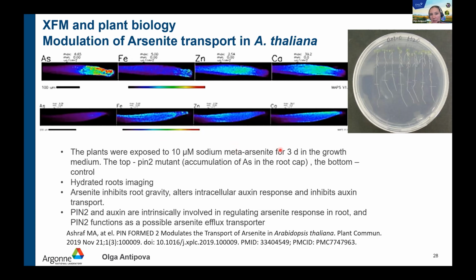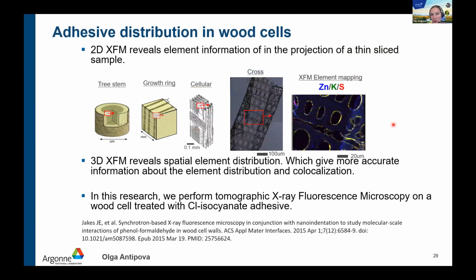Those plants were grown in sterile medium with controlled exposure to arsenic after a week of growth. If we're lucky enough and fast enough, those roots can be extracted, sealed, and imaged while they're still hydrated, when we can actually see the channels inside the root. In addition to that, we also have quite a lot of work with wood, which can be divided into big parts.